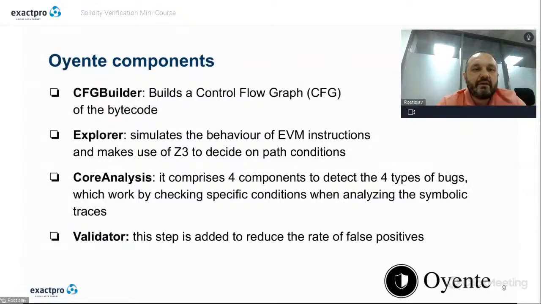So we simulate the behavior of these instructions, I mean, simulate symbolically, and then we use the tree to check what happens on the leaf, and then we switch to the next step to check if the four types of bugs I just mentioned are really possible during this particular combination of conditions or not.